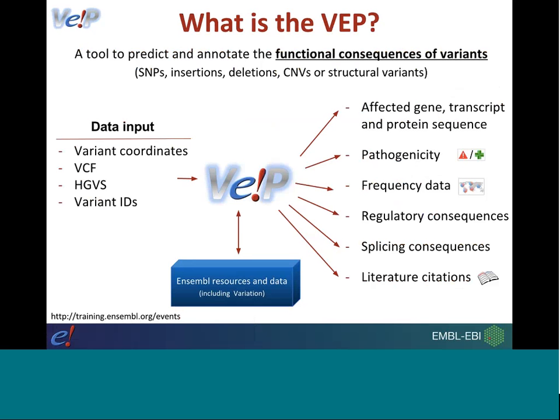So the VEP, which we name it for short, allows you to input your own variation data that you might have found in the literature or generated yourself, and find out for those variants the effects on the genes, the transcripts and the proteins, so you can retrieve the consequence terms, and you can also retrieve pathogenicity scores. If the variant has already been described in Ensembl, then you can get the frequency data and the literature citations, for example, and you can also get the regulatory and splicing consequences as well.